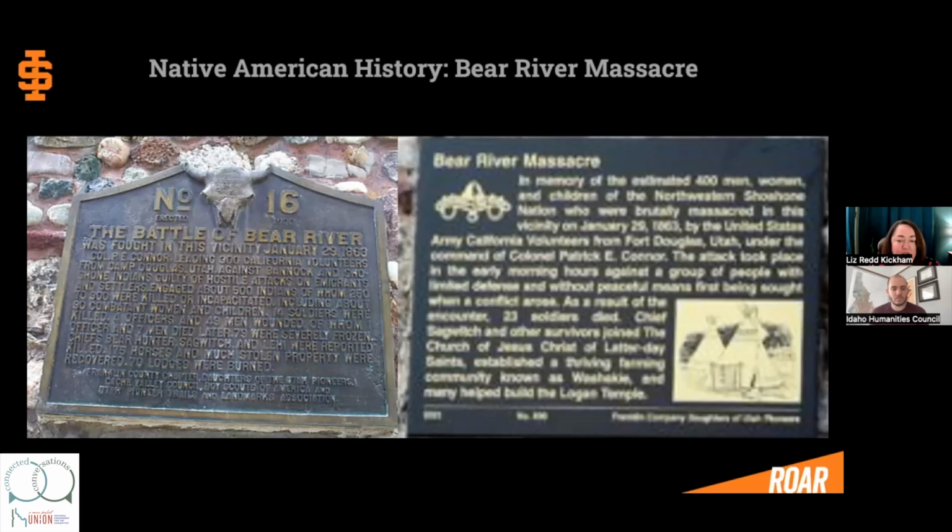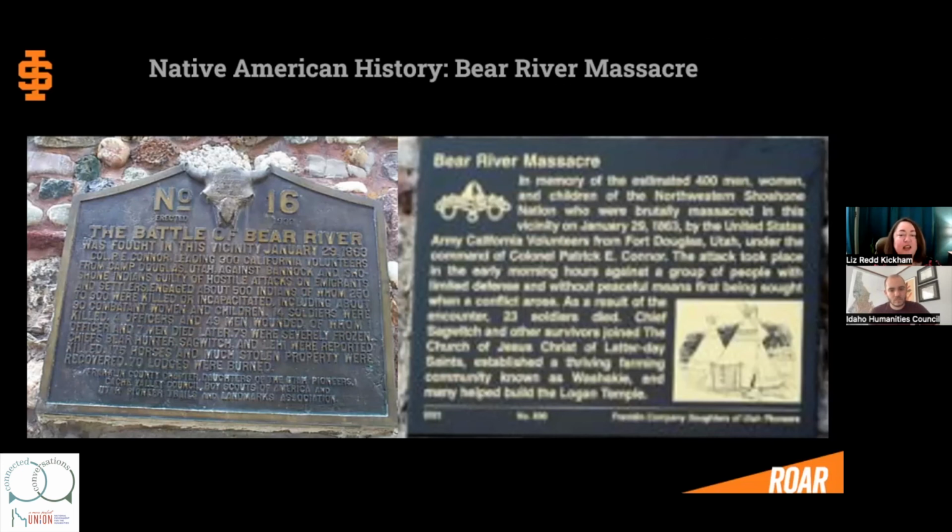Later, 79 were severely frozen. Chiefs Bear Hunter, Sagwitch and Lehigh were reported killed. 175 horses and stolen property were recovered, and 70 lodges were burned."